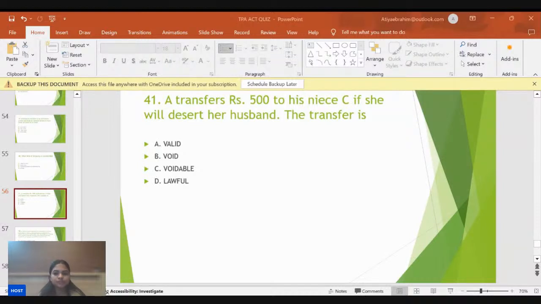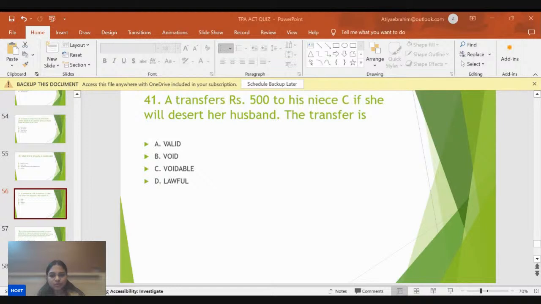Anyone? You can tell me the section also. 25. Again 25. Conditional transfer. If you see, section 25. ठीक है, सेक्शन 25 कंडीशनल ट्रांसफर के अंदर आपको ये मिल जाएगा. मैंने अभी अभी एक और section 25 से illustration दिया था about that A letting a farm on a condition that he shall walk 100 miles in an hour and the lease is void.